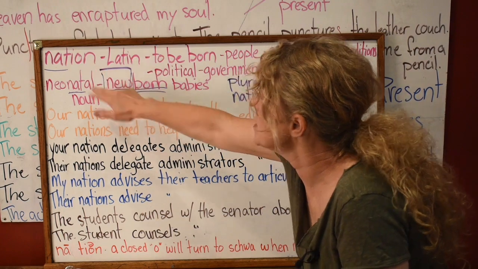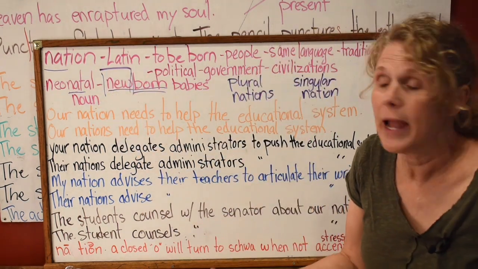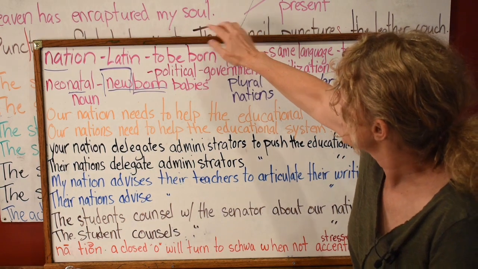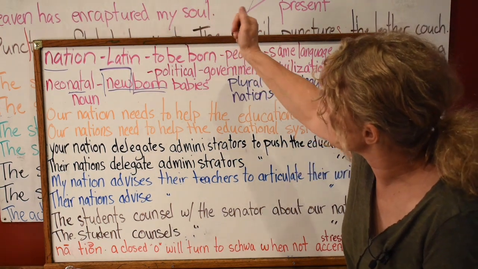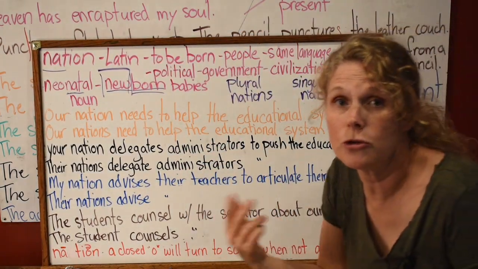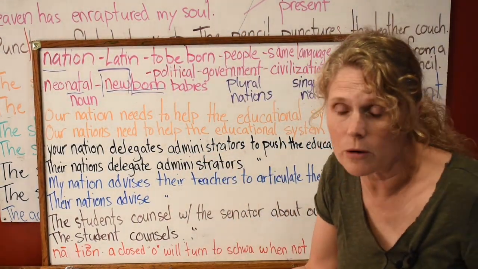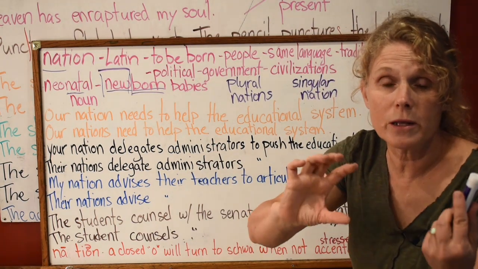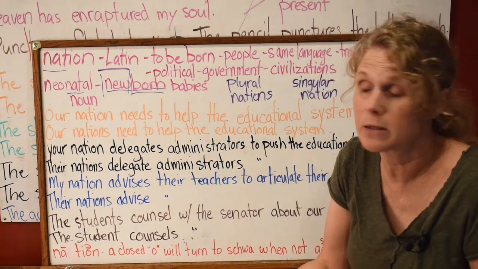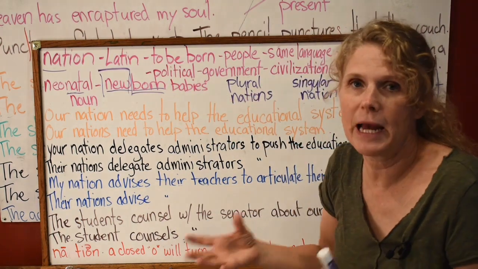Now, nation is a noun. And oftentimes, see where we had enraptured, that was a verb. And see how puncture could be used as a noun or a verb. So you need to know that just because it's a word doesn't mean it's always going to be a noun. But nation works best as a noun.